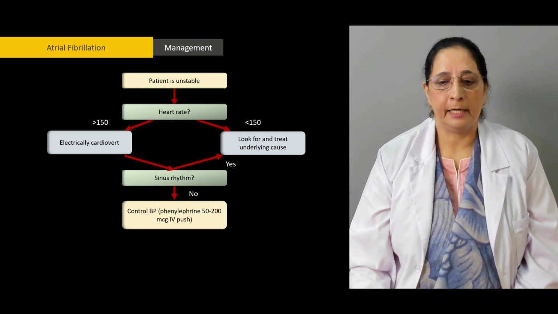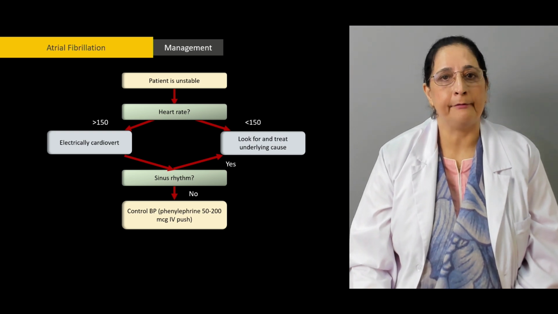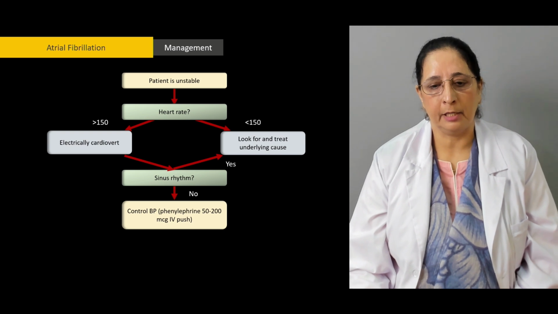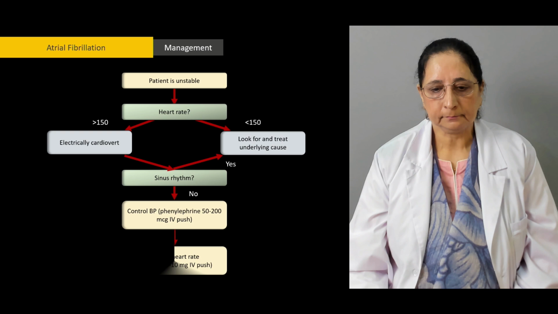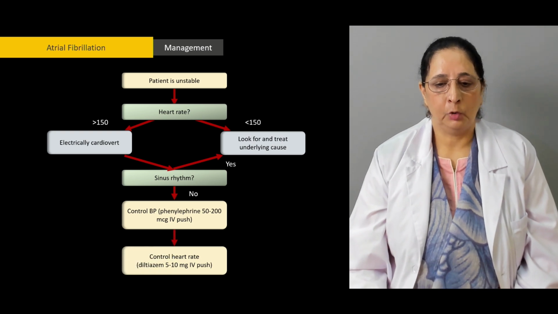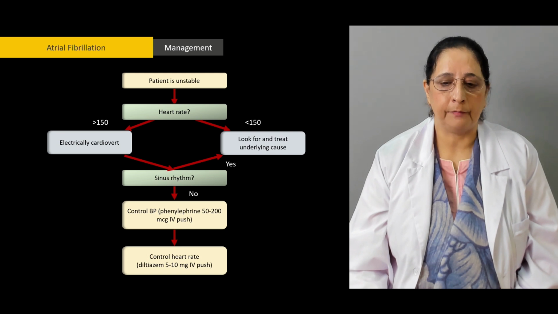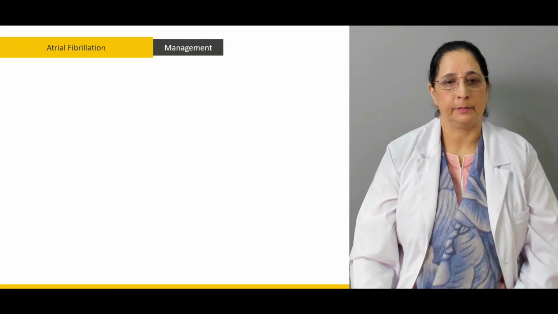If not, then we should control the blood pressure: phenylephrine 50 to 200 micrograms intravenous, fast push. Control the heart rate: diltiazem is used for that, 5 to 10 milligrams intravenously, again push.